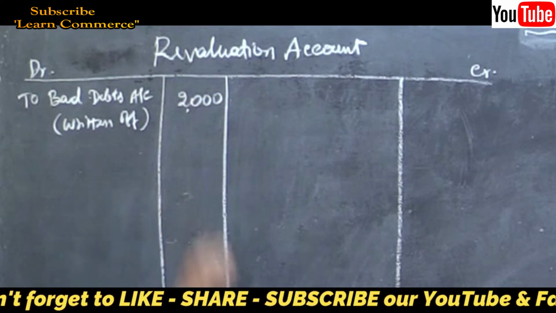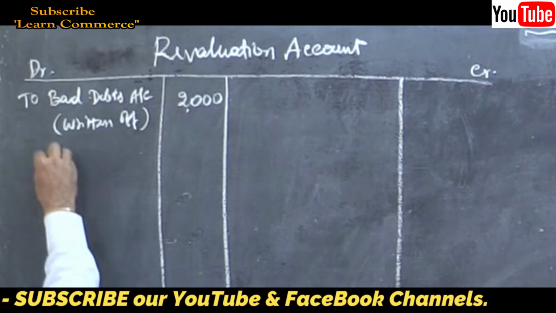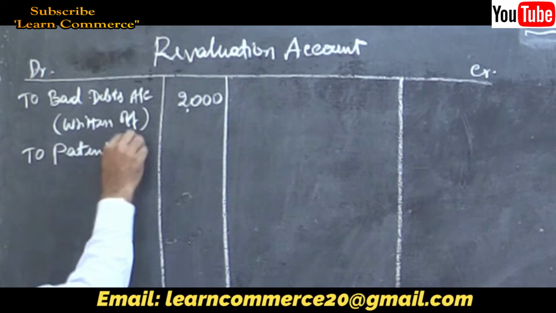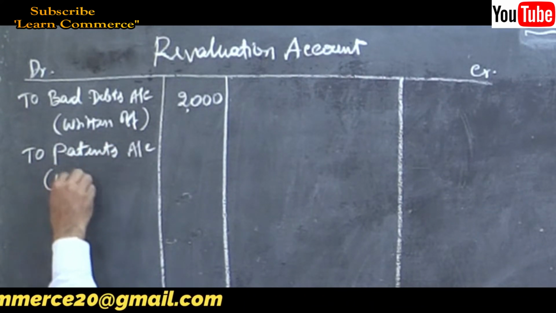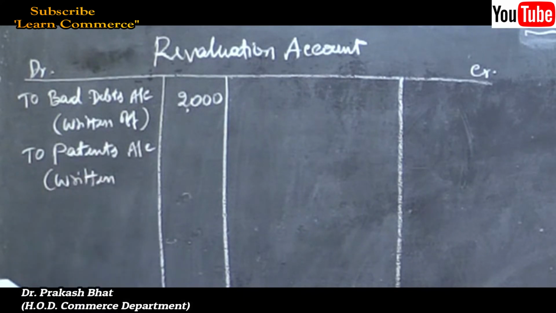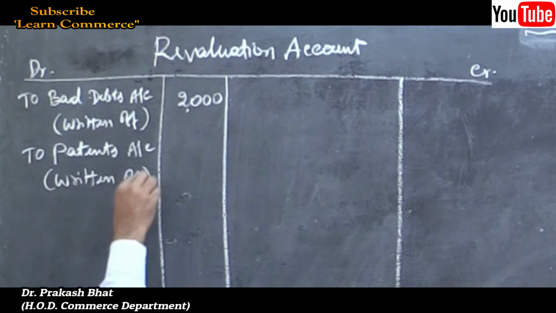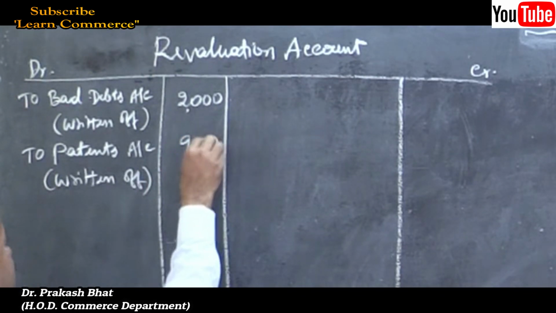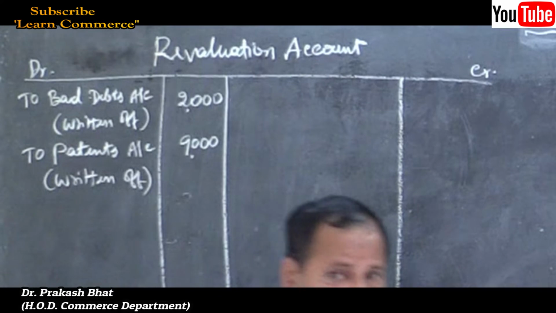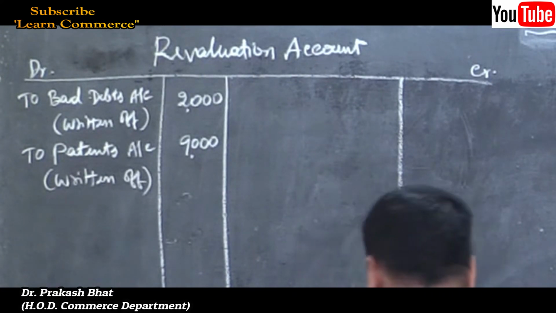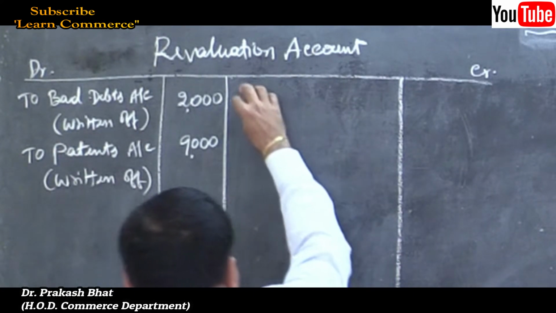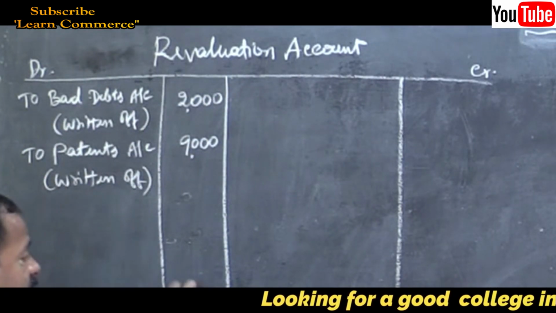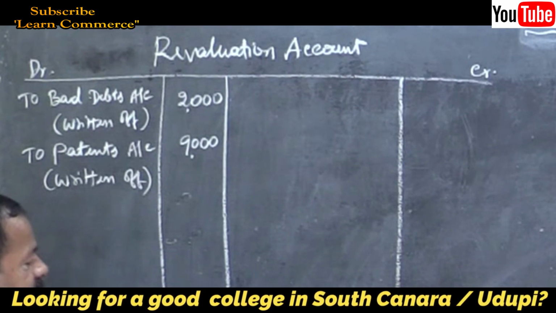Then to patents account, written off, how much? 9000. No other entries, so close the account and find out the difference.